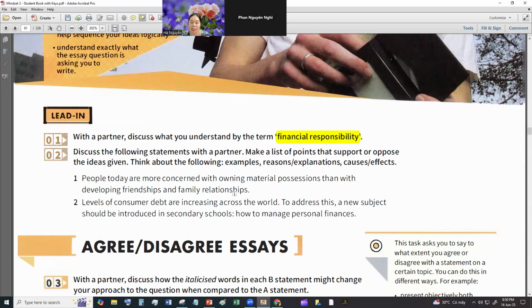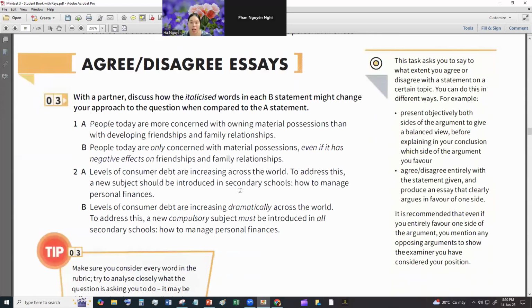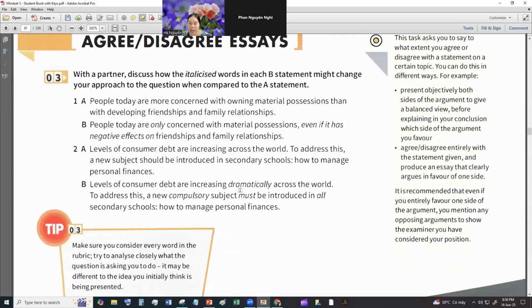All right, so now let's move on to look in more detail at the agree or disagree essay. So we know statement 1 and 2, right? However, when there are added phrases or added adverbs and adjectives, the tone of the question will be different, and they will affect how you answer.